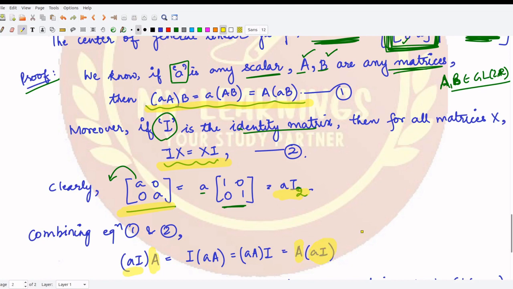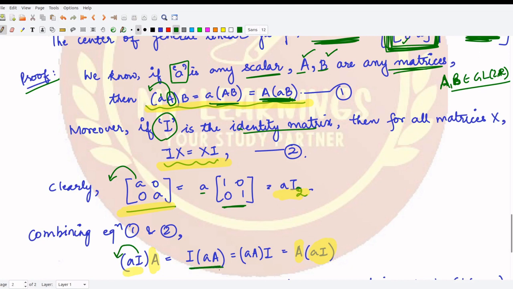So let's see how this is there. If you take small a into I into the matrix A, now because this is a scalar, using this property, this A could be shifted, this capital A could be taken outside, correct? This is the property that this could be taken outside. So we have done the same, this I has been taken outside.